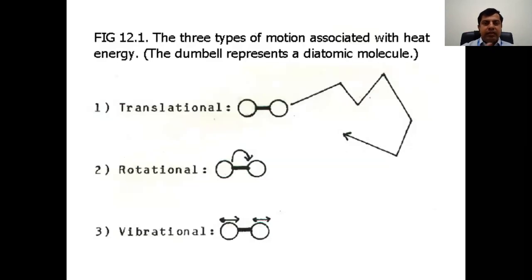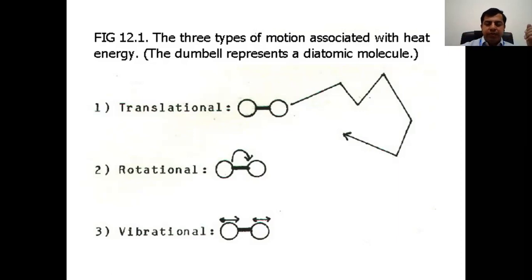So let's start. These are the three fundamental or major movements of molecules. One is translational movement, that means moving in a specific direction. It is moving in the x direction or the y direction or the z direction. The whole molecule is moving. It is the translational motion. If the molecule is rotating along an axis, it is called rotation. And the molecule may vibrate, and there are different movements of the vibration motion.